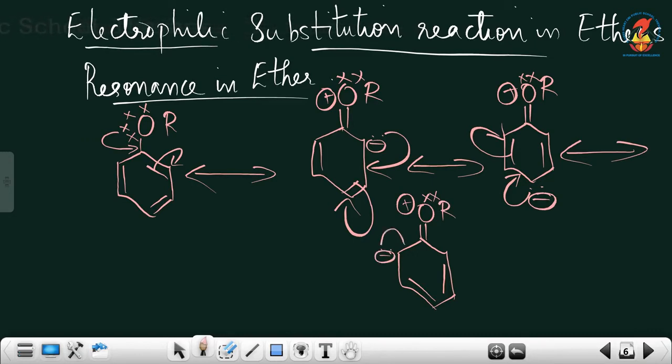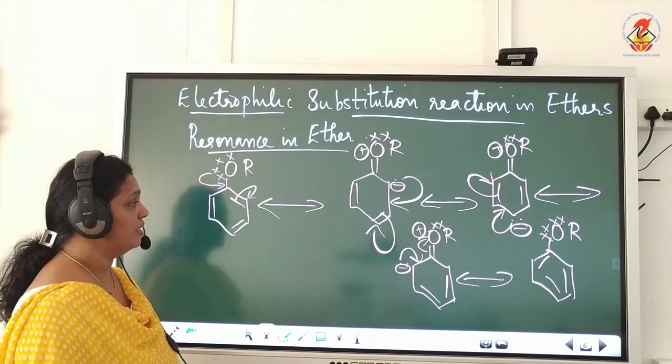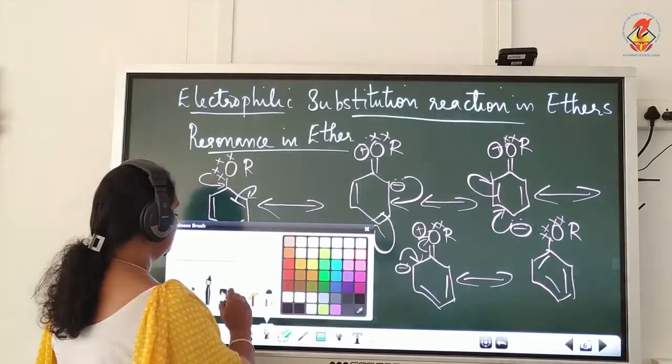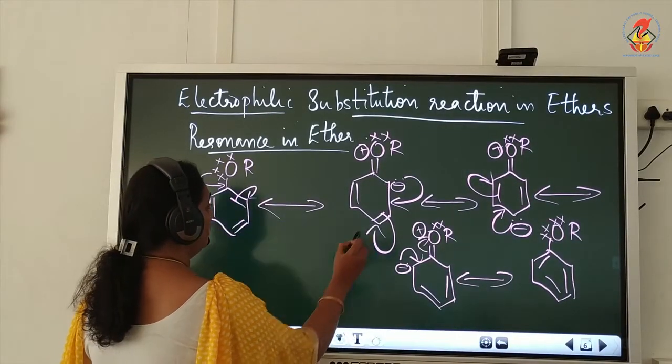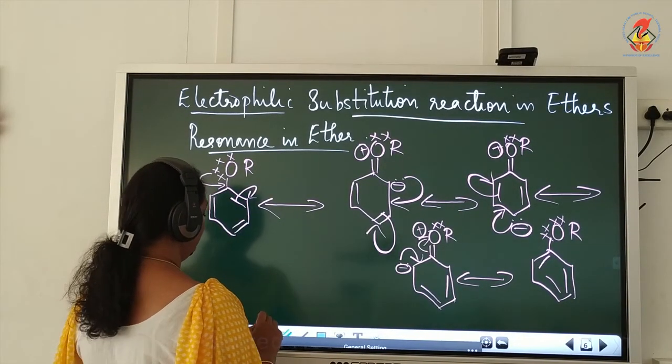Now the last shift is this electron getting shifted to this position, and the double bond goes back to oxygen. So the final resonance structure is this. Now you can see from the resonance structures there is more electron density at the ortho and para positions of the ring.